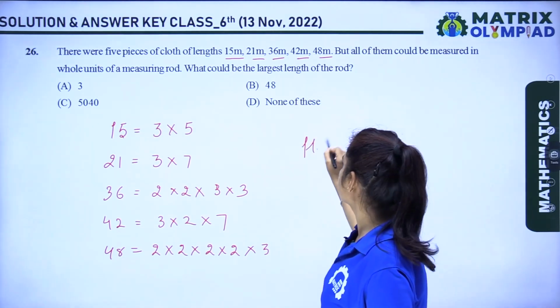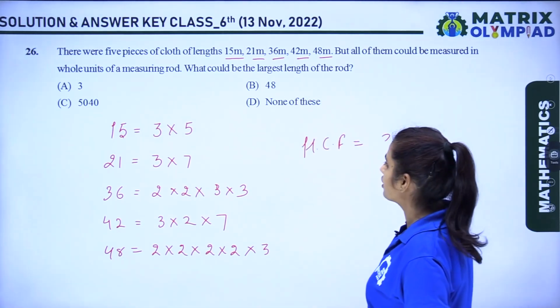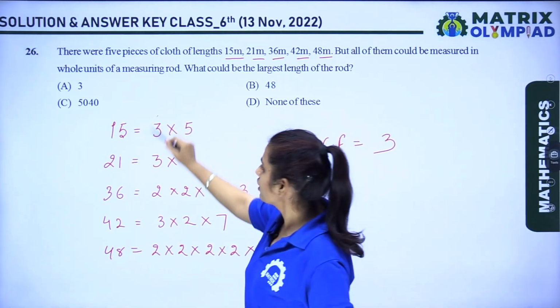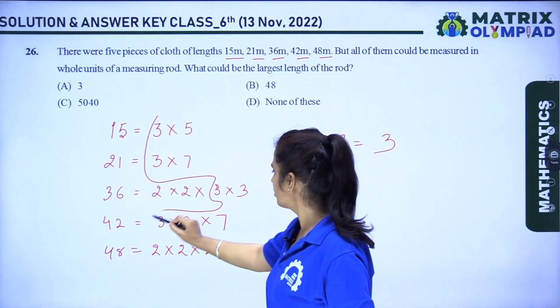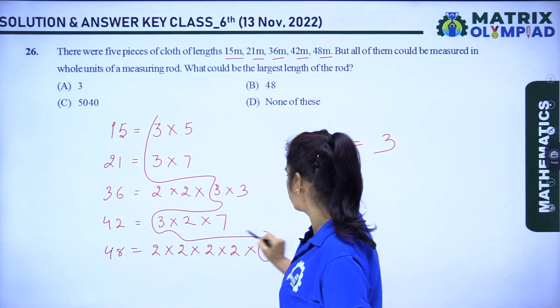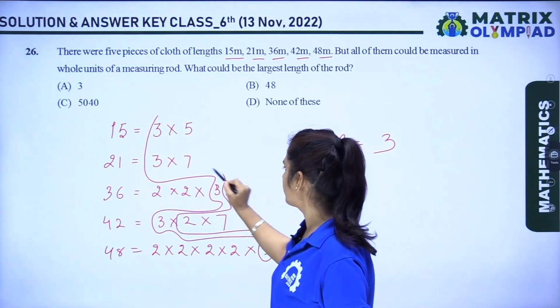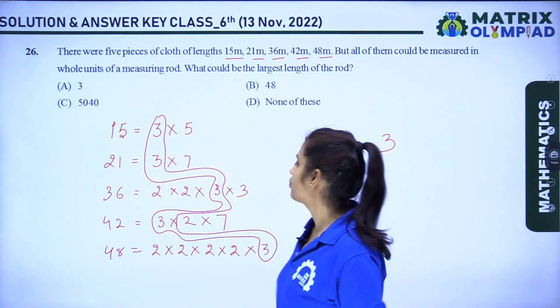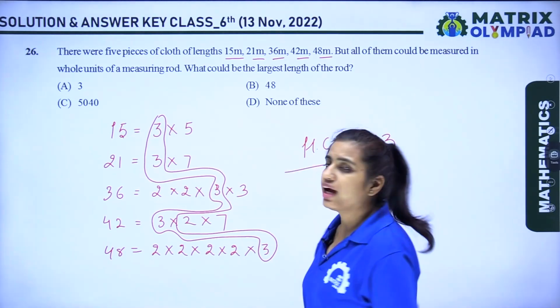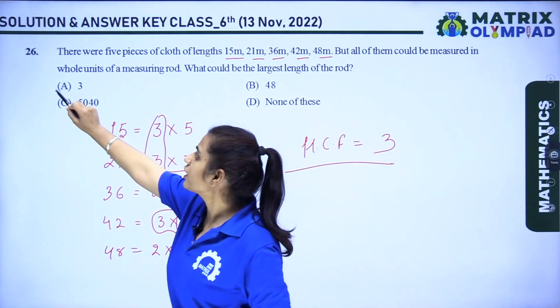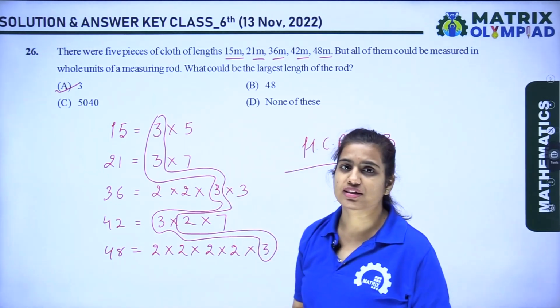So here the HCF of these numbers is 3. As we can see here, the common factor is 3. So the correct answer is 3. Here option A is the correct answer.